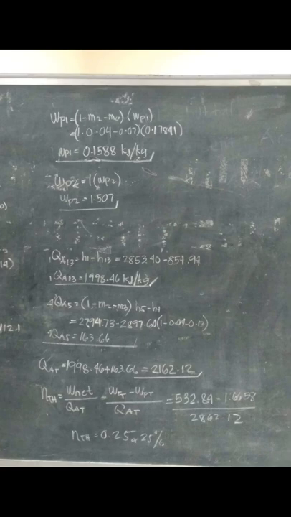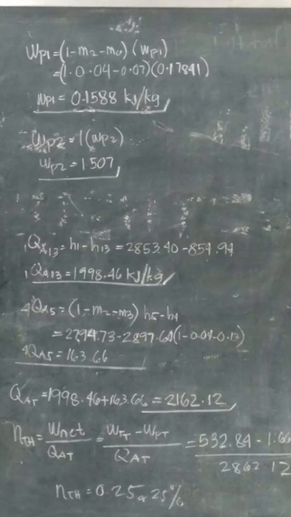Heat 5 is equal to 1 minus mass 2 minus mass 3 times H5 minus H4.